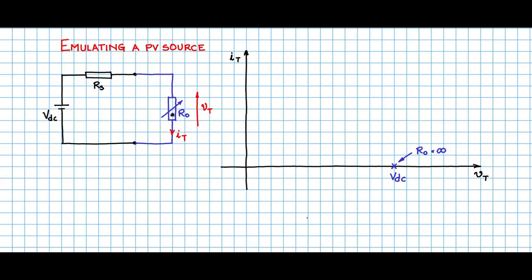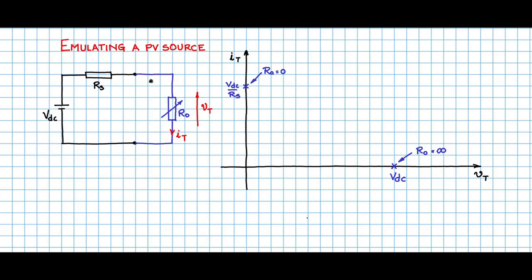What is the current flowing through that? VDC by RS. So I will mark another operating point, and the value of that is VDC by RS. The important character of this operating point is that R0 is 0, short circuit.